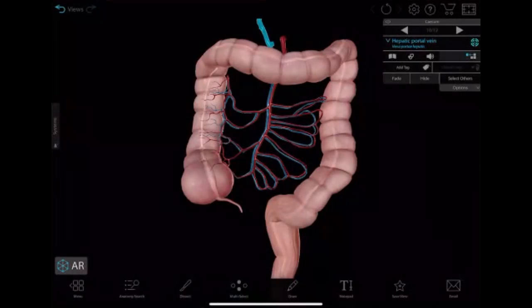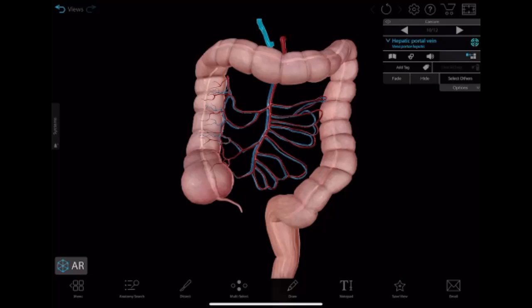This is the cecum. The appendix is retrocecal like this, right?